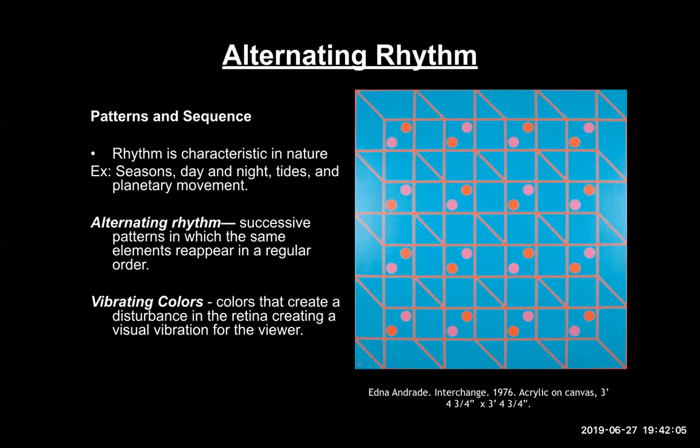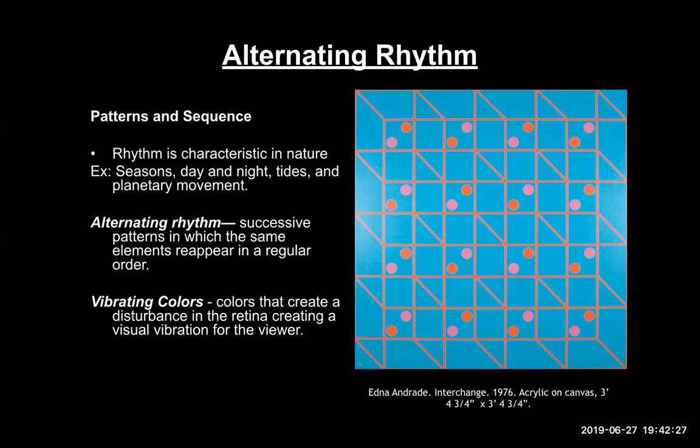So alternating rhythm is when you have successive patterns in which the same elements appear in a regular order, as in this painting here. So you have all of these lines and shapes and circles repeating regularly.